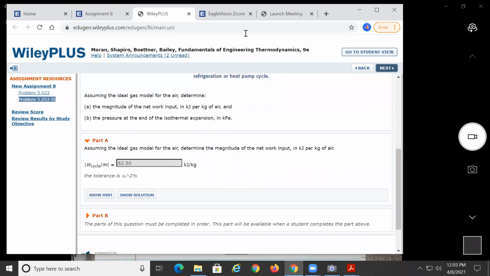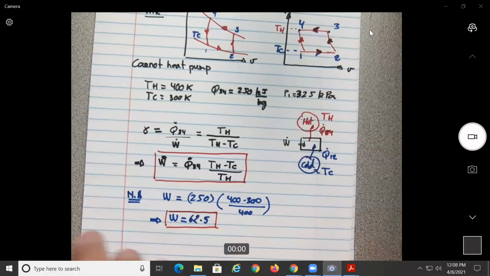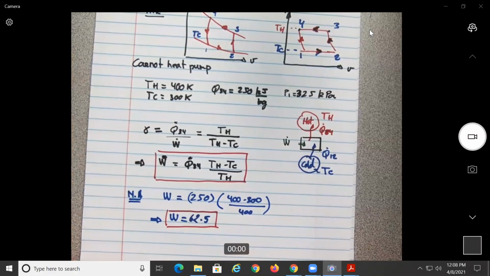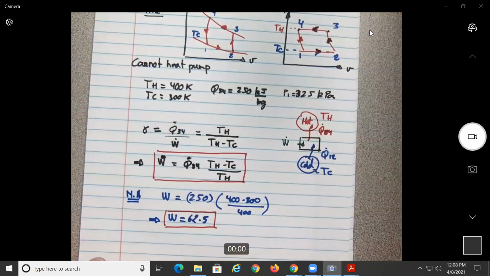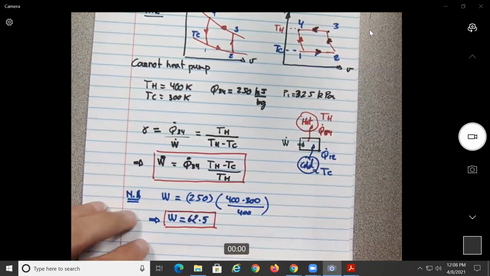Okay, so this problem is not obvious at all, I have to agree. So let's see what they did. Is as follows.